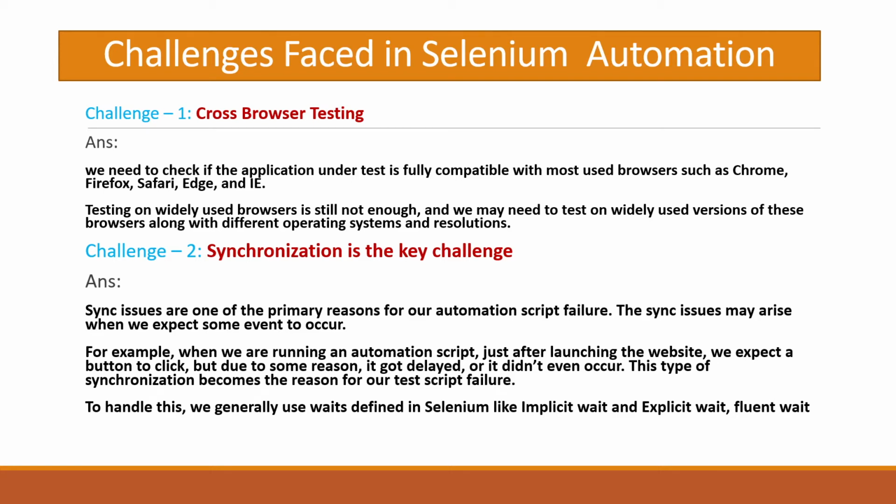For example, when I am executing my scripts on Chrome browser, some button I have to click or some alert I need to accept. When you handle this scenario in IE browser, it works fine. But when it comes to Chrome, Edge, Firefox or Safari, it does not happen, because that element is not clickable, or that alert is not coming within the time, or that page is not loading fully.